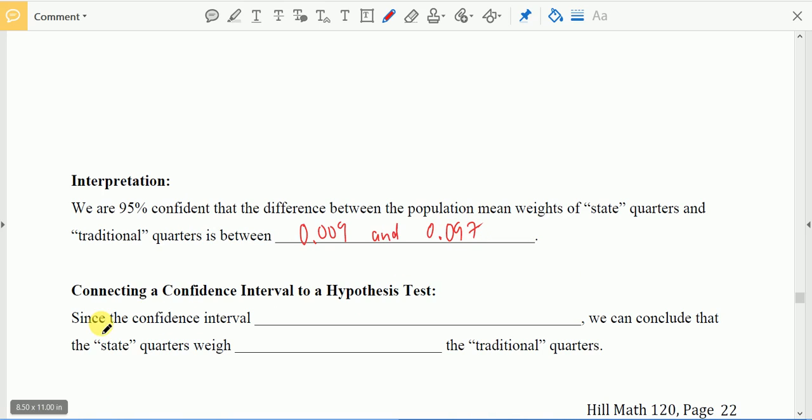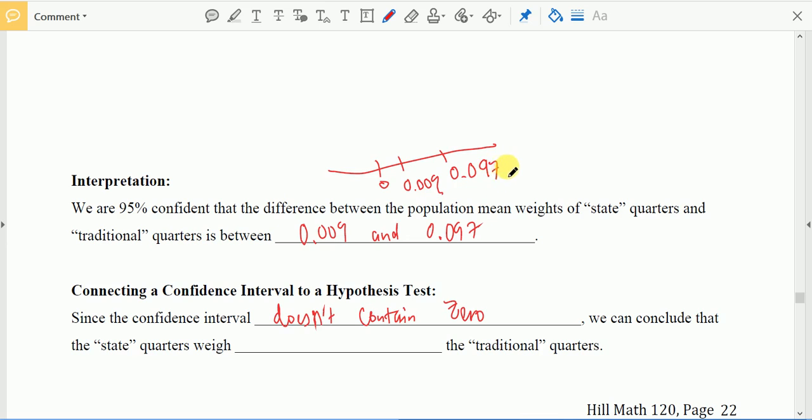Now, the confidence interval does not contain zero, because this is 0 here, this is 0.009, this is 0.097, so the confidence interval goes from 0.009 to 0.097. So in this region we do not include a 0, or it does not contain a 0.